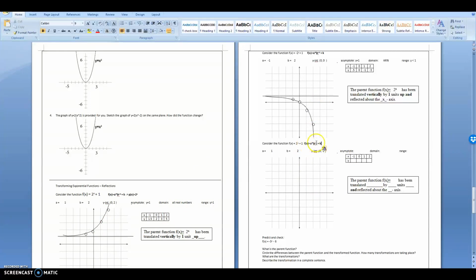So using our general form of the function again, we know our asymptote is y equals 1. Then our domain, once again, should not change. However, our range might. So I'm going to keep this open because I don't know what it's going to look like, right? And since I'm not quite sure what kind of reflection this is. Oh, wait. You guys know what the kind of reflection is?